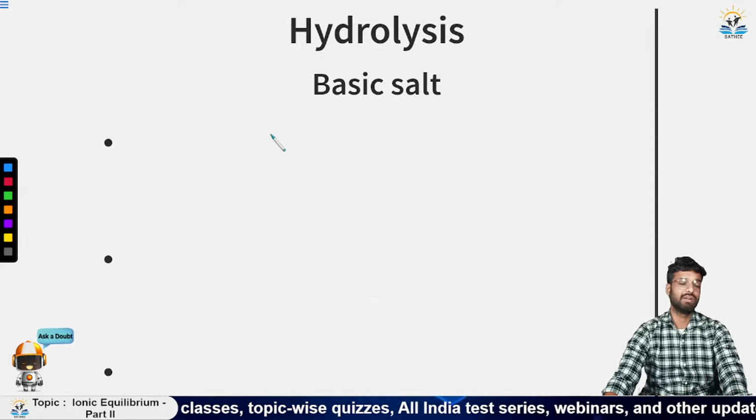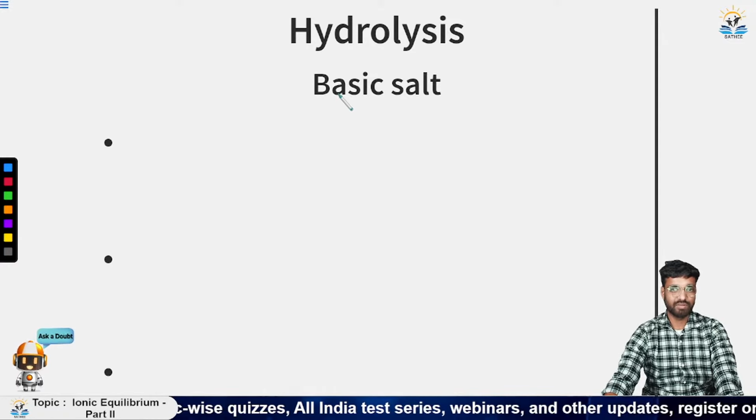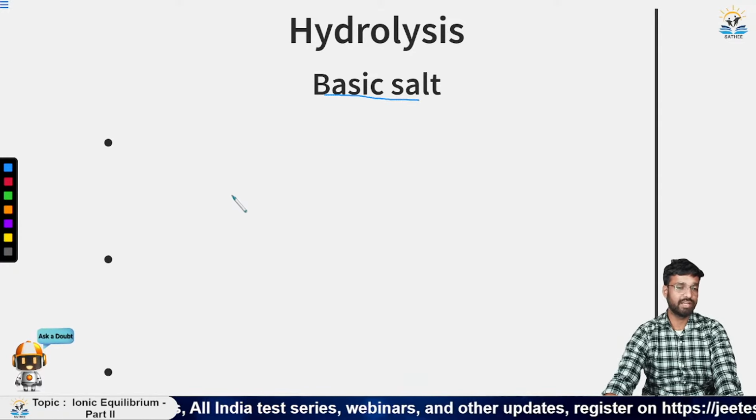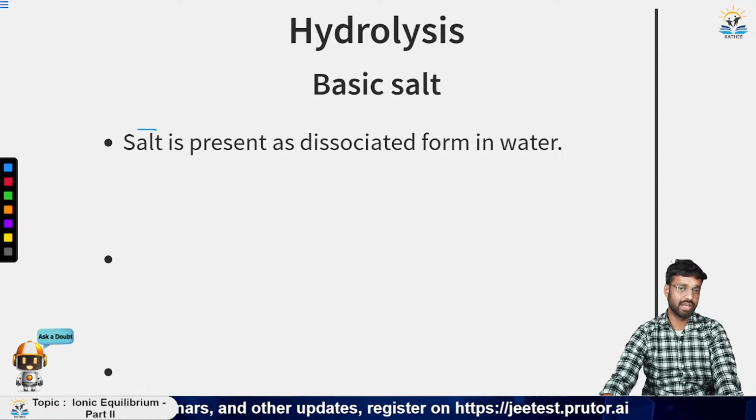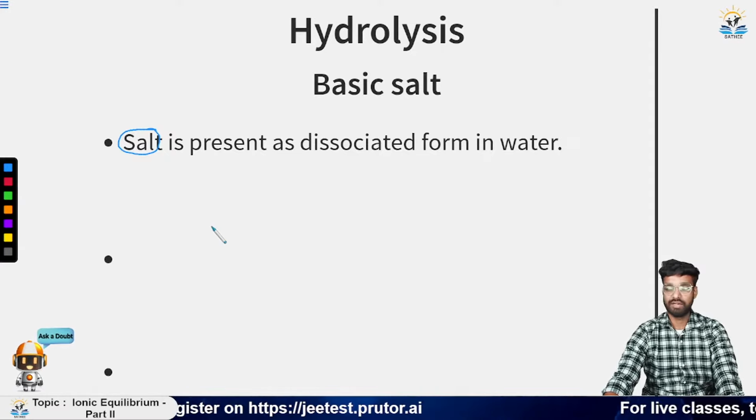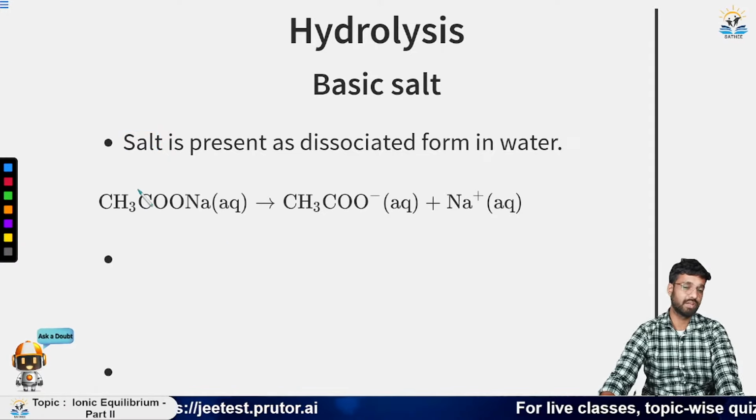Now let us take the example of a basic salt. In a basic salt we take a strong base, and the salt that is formed will also be present in dissociated form. Suppose this is the salt we are taking.